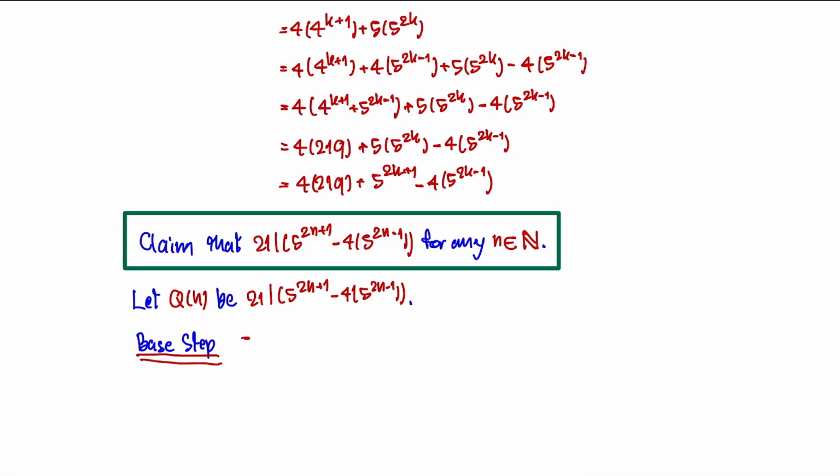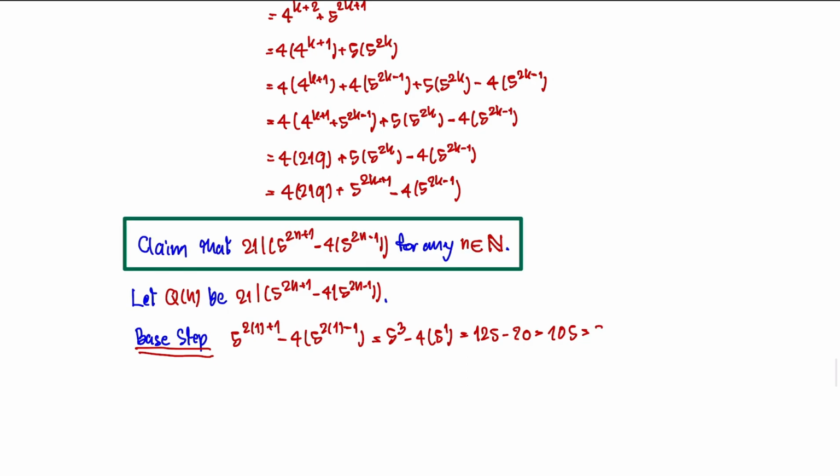So we have 5 to the 2 times 1 plus 1 minus 4 times 5 to the 2 times 1 minus 1. Then it turns out to be 5 cubed minus 4 times 5, which is 125 minus 20, which is 105. And 105 is 5 times 21.